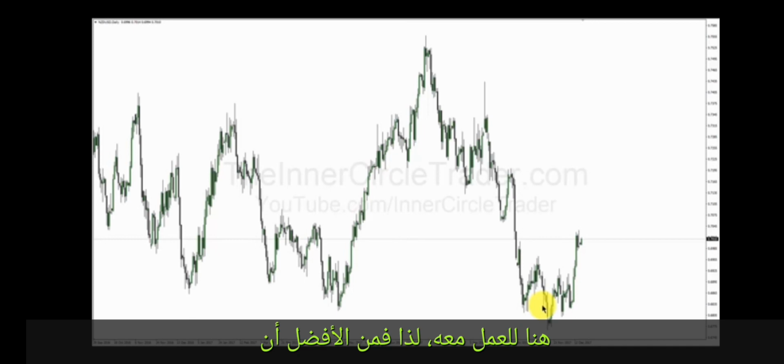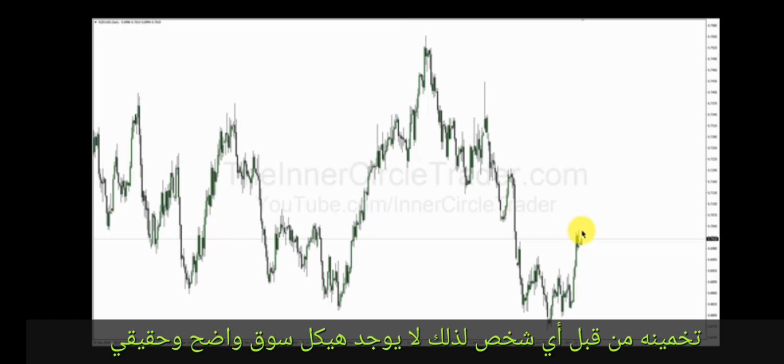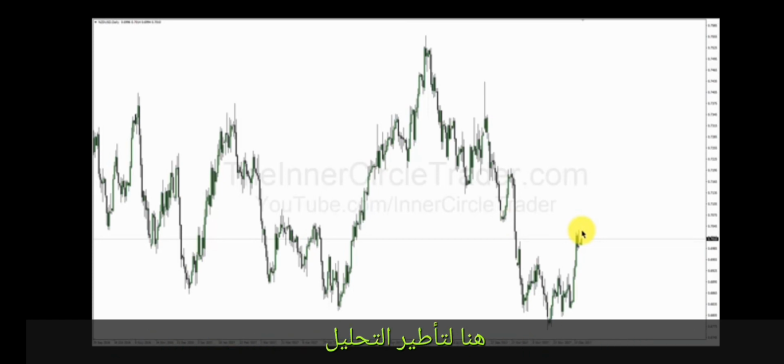So at best, we probably see it return back to this low here. And what happens after that, it's anybody's guess. There's no real clear market structure here to frame an analysis on, whereas what we saw with the dollar index and on the euro, there's potential there. So there's clarity in euro dollar wanting to potentially go lower and dollar going higher. Every other pair we've looked at so far is uncertain.